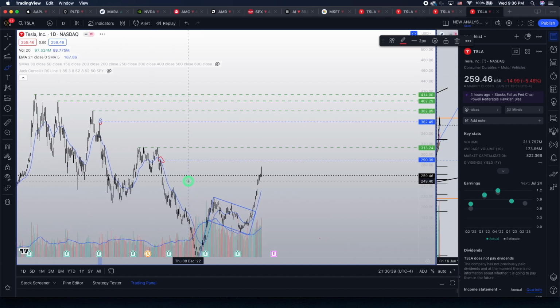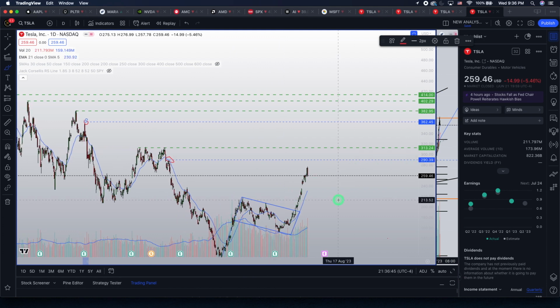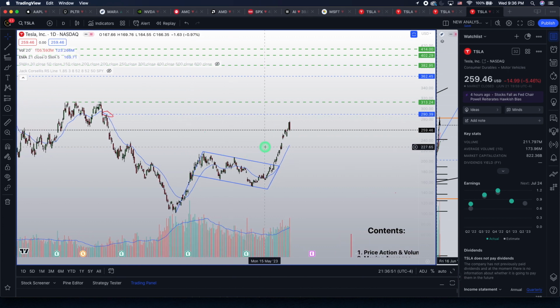In terms of support, anything that was a major resistance before is going to act as support now, but I really don't like to use horizontal key levels for support. I prefer relying on our dynamic supports like our 21 EMA, or using ascending or descending levels like trend lines.